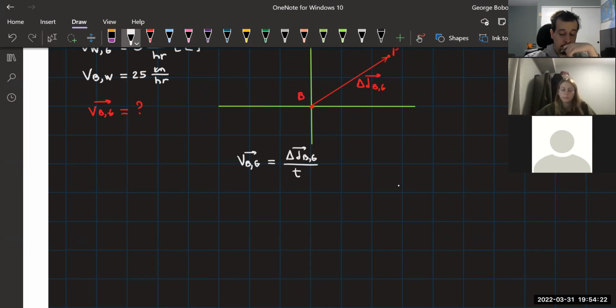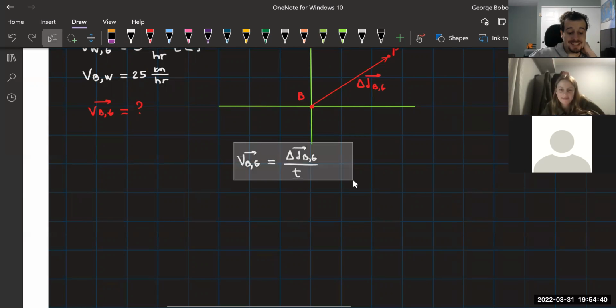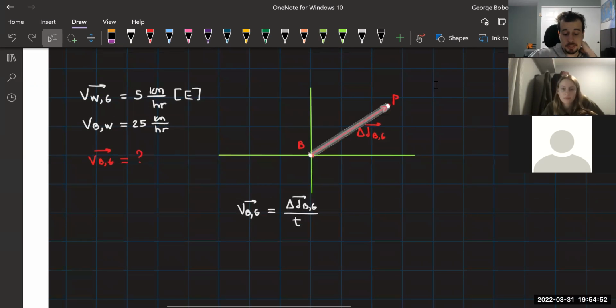What do you think? Should they have the same direction? Yes. They are the same thing off by a constant, which is called time. They are the same vector scaled by a constant. So if this points like this, you can bet that the velocity will point like this too.